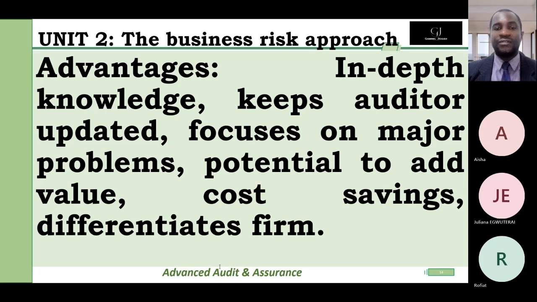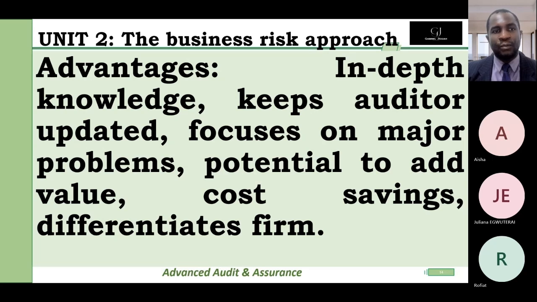We also focus on areas of greatest risk, and it helps, like I said, add value by solving the client's problem, and it enhances or culminates in client relationship and can result in audit cost savings and better use of the client's resources. It also differentiates the audit firm by offering insightful risk analysis.